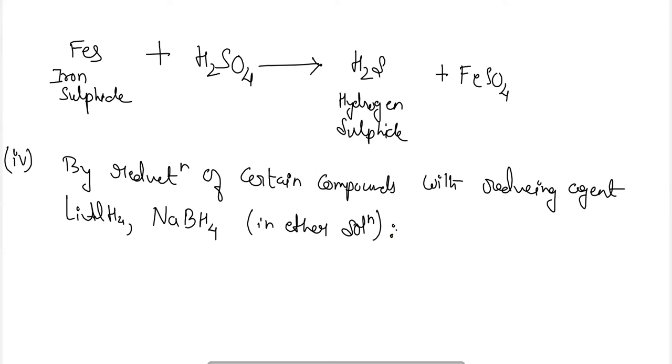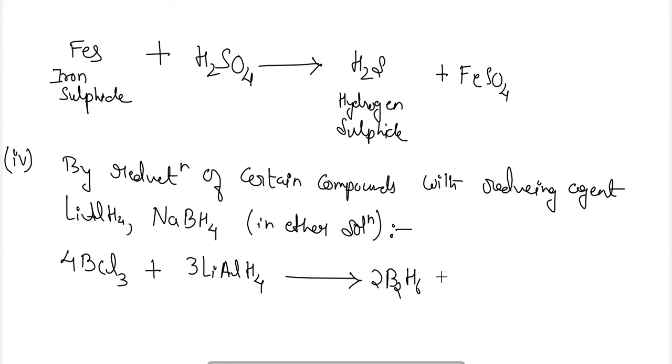For example, boron chloride is reduced by lithium aluminium hydride to form diborane, aluminium chloride and lithium chloride.